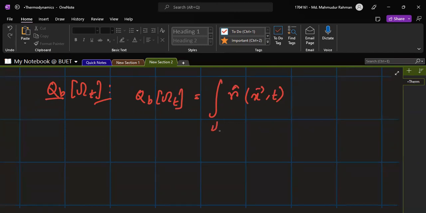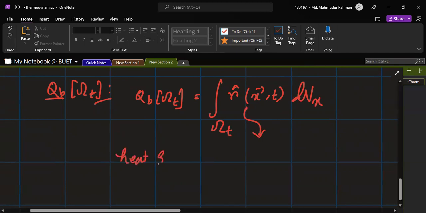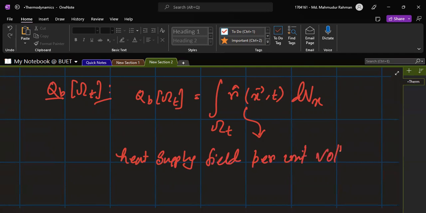We are integrating over this subset omega t, a volume integral, dVx. This R hat of x, t is the heat supply field per unit volume. It is the heat source, the field that is responsible for body heating.